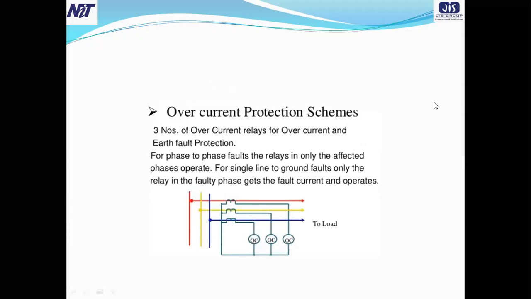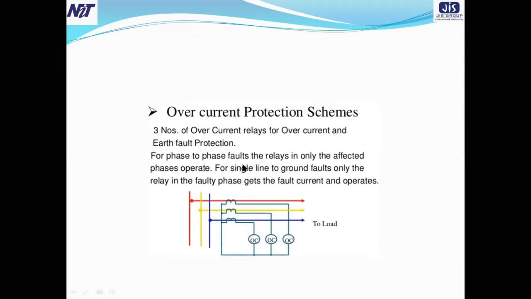Now the overcurrent protection schemes. We talk about the overcurrent protection schemes, that is, how we can protect our system from overcurrent. Three overcurrent relays are used for overcurrent and earth fault protection. Okay, we already discussed that.